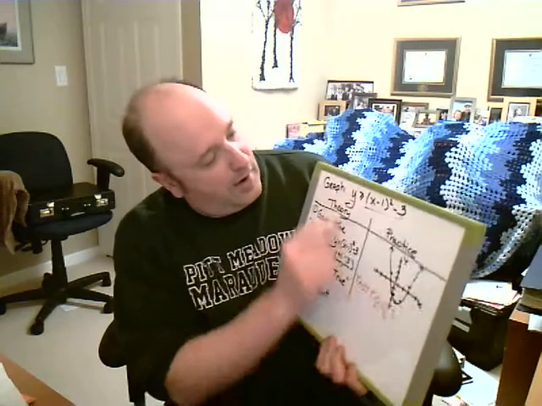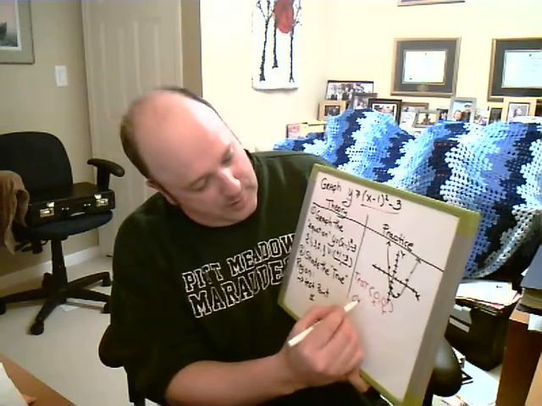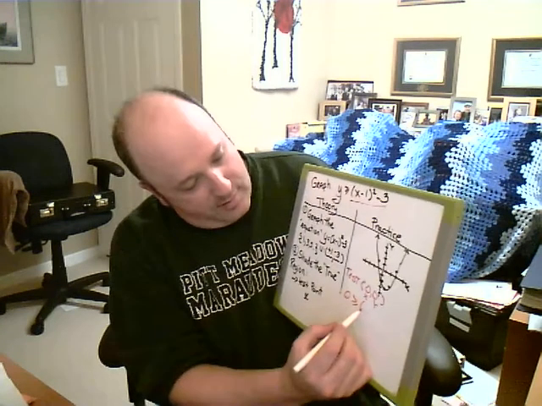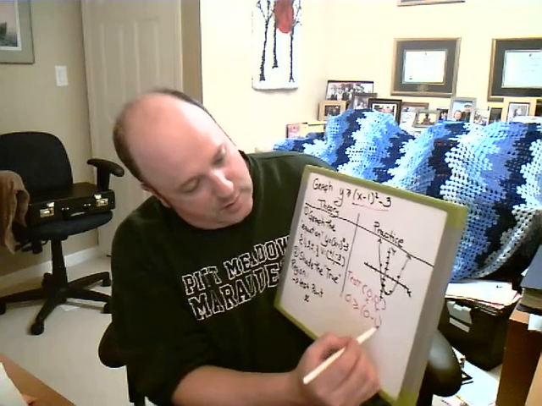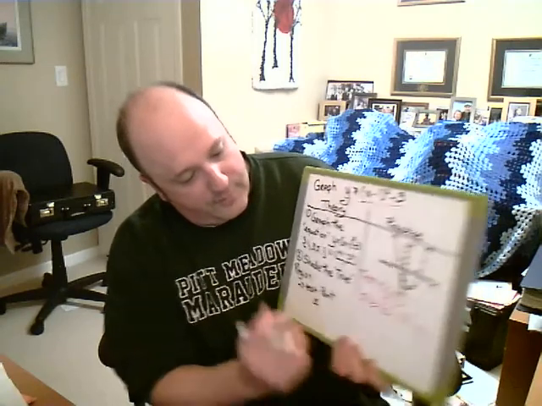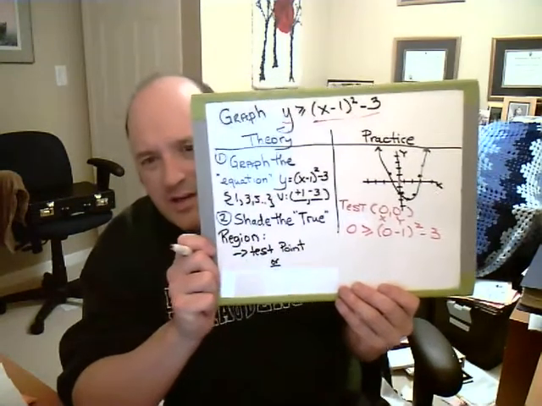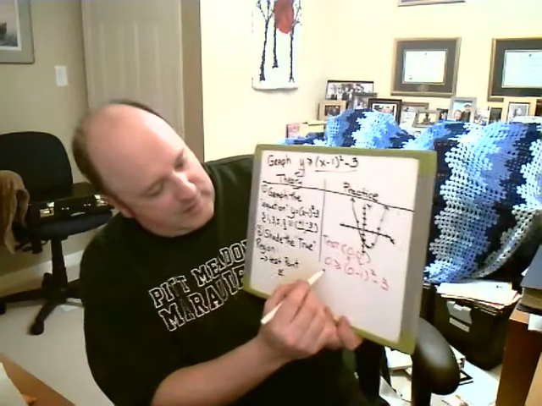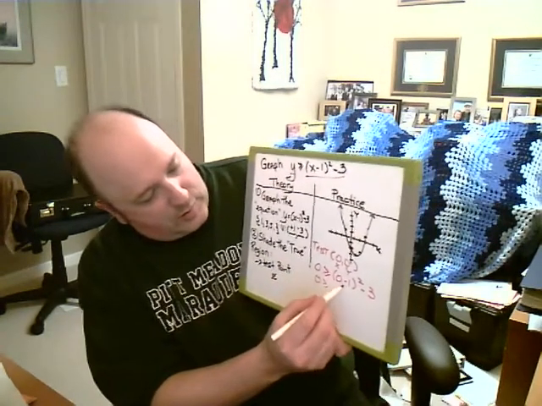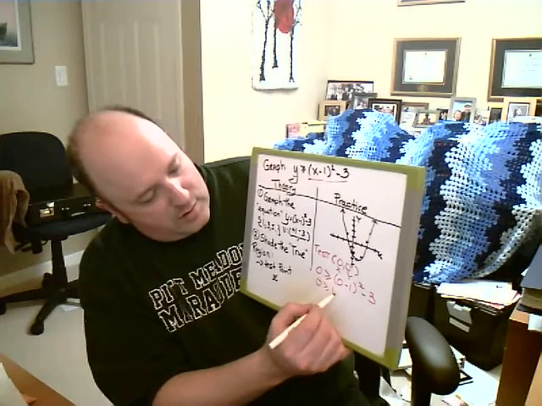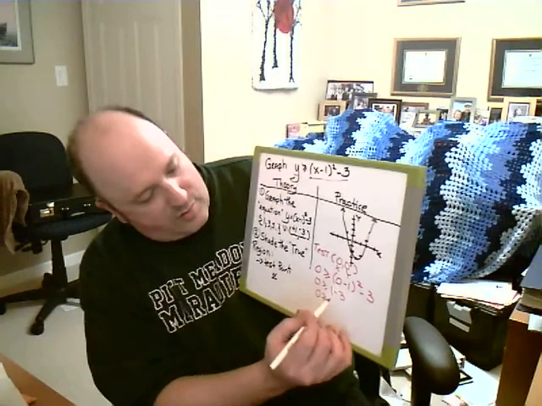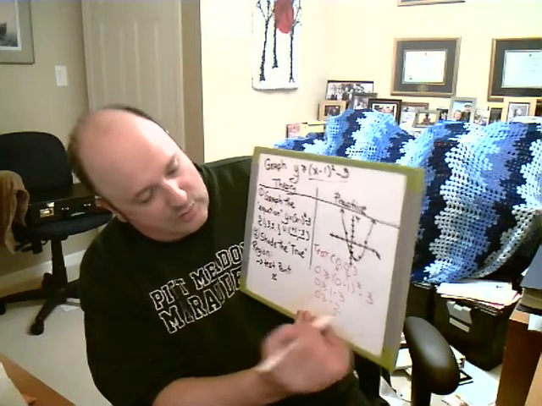So 0 for the y, it goes in the y spot. 0 is greater than or equal to, okay, 0 for the x, so that goes there. 0 minus 1 squared minus 3. And we want to see if that statement is a true statement or a false statement. So let's have a look, right? 0 is greater than or equal to, what's negative 1 squared is 1. 1 minus 3, so 0 is greater than or equal to negative 2.